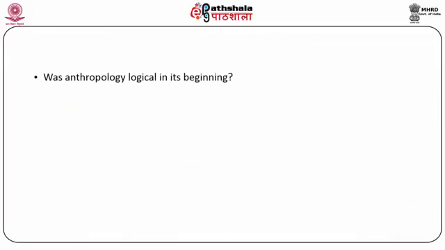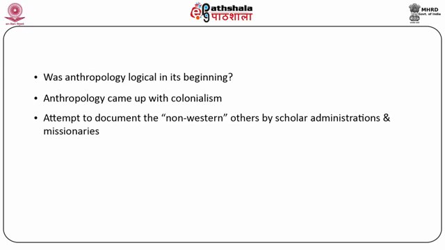Was anthropology logical right from the beginning? It's a very important question to be answered when we talk about theory, because anthropology first began in the writings of colonizers, colonial administrators, missionaries, and travelers from Western countries, who came to non-Western countries like Africa, Australia, or India.